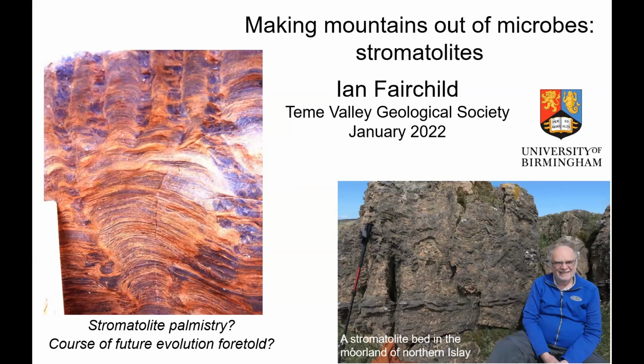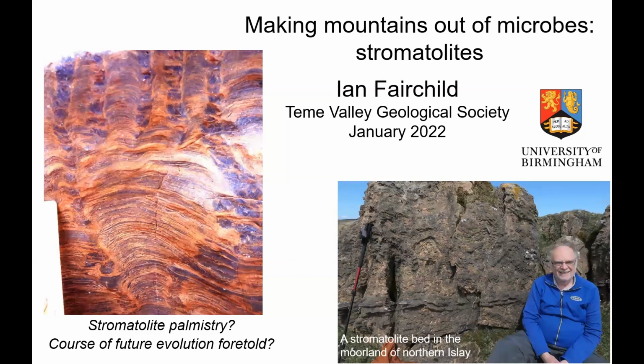So stromatolites then are layered rocks. They're created by an interaction between microbes and the environment. And you find them today, and you find them in the deep time, particularly in the Precambrian, before other animal groups evolved. They're particularly abundant there.